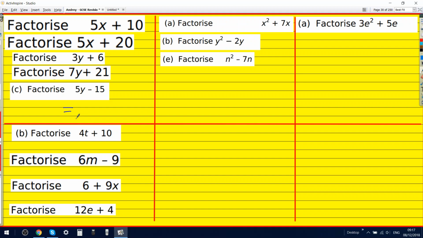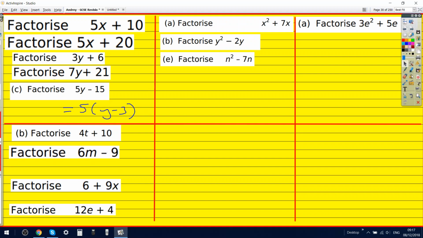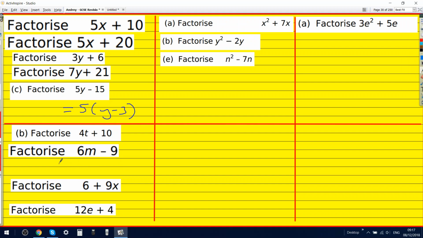So, alright, sorry, back froze. So could it be like 5 and then y minus 3? Yeah. How about this second one underneath it, the 6m minus 9?